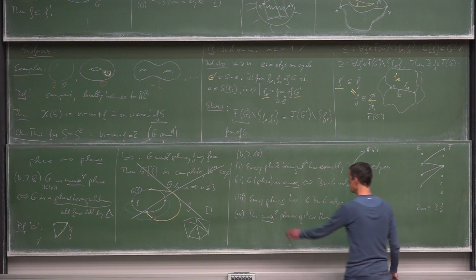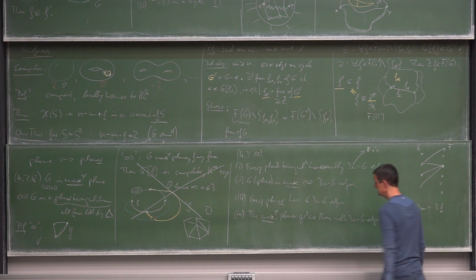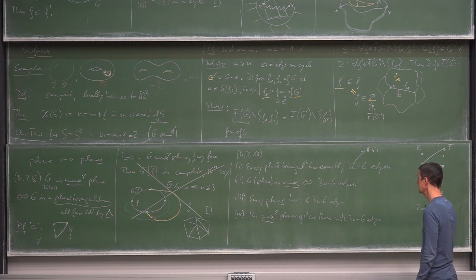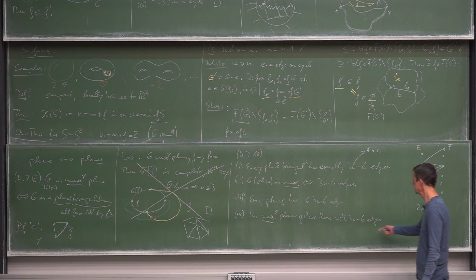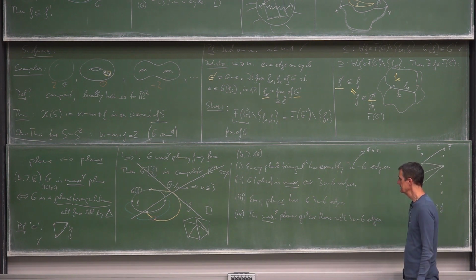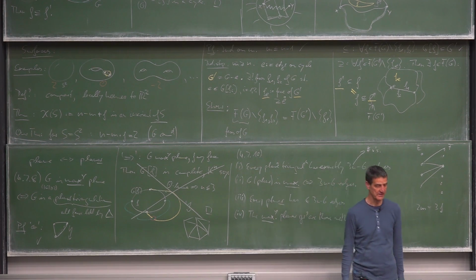So if it's maximally planar, it has at most 3n minus 6 edges, and it can't have more because it has a drawing, and that drawing has at most 3n minus 6 edges. And conversely, if it has 3n minus 6 edges, then it's clearly maximally plane.